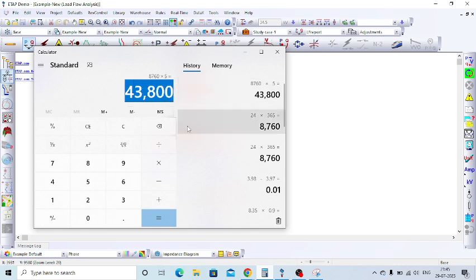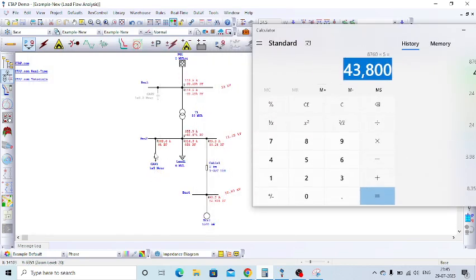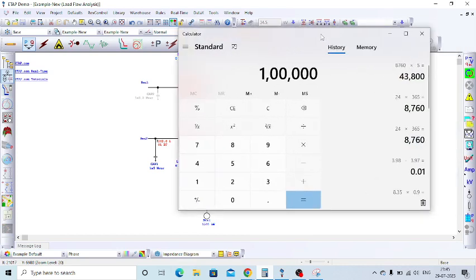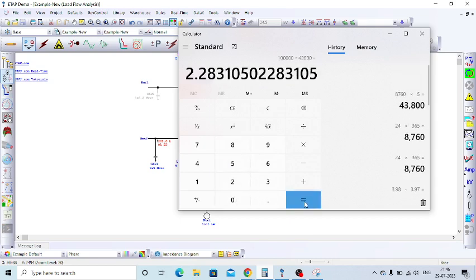43,800. Okay. Suppose in order to reduce the energy loss, we need to install the capacitor bank. That cost is somewhere around 1 lakh. So generally we consider the initial investment divided by the operational saving, that is 43,800.